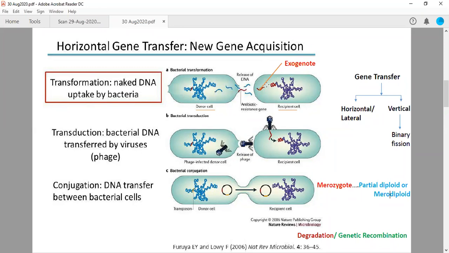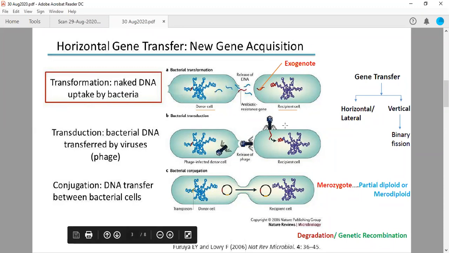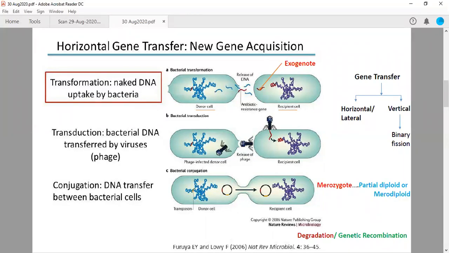Now there are two chances: either this exogenote will be degraded or there is a genetic recombination. So either it will be degraded or it will be inserted into the endogenote to make a recombinant cell, right? To make a transformed cell.